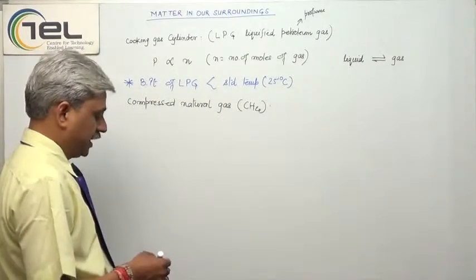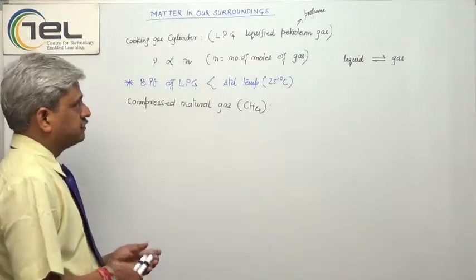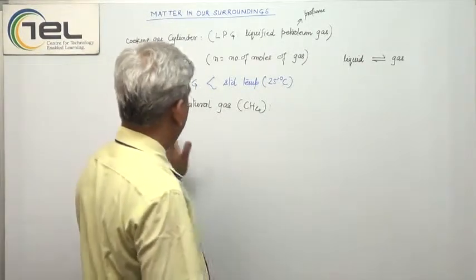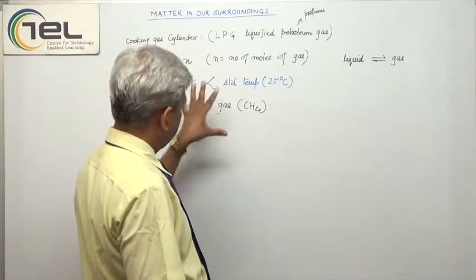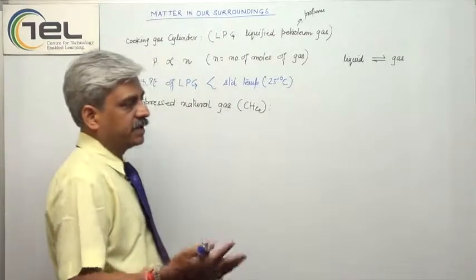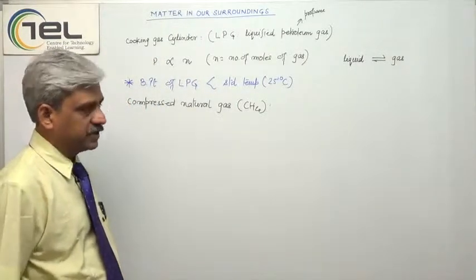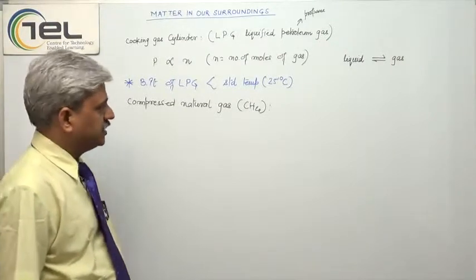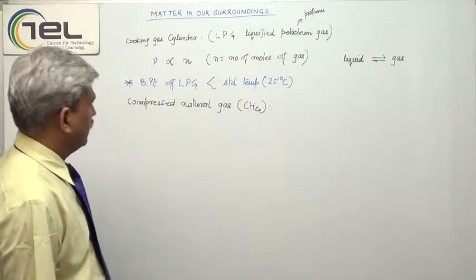The same thing applies to CH4 once again, that this CH4 is stored in the liquefied state, and when it comes out it becomes gaseous. So, every time we are looking at how, because of the pressure difference, the interconvertibility is there.